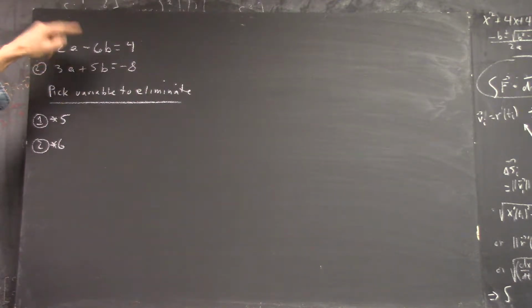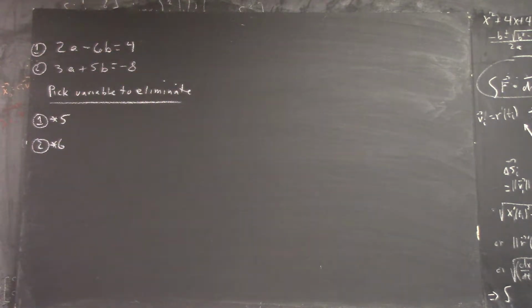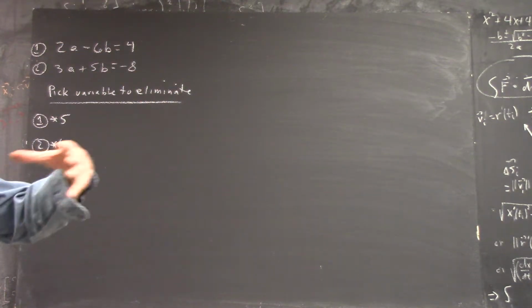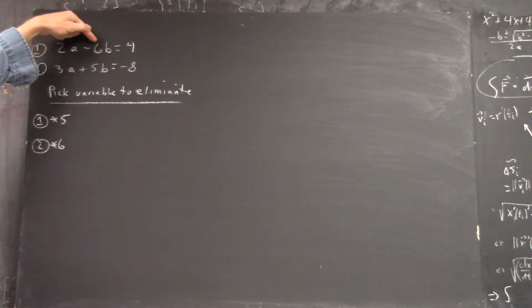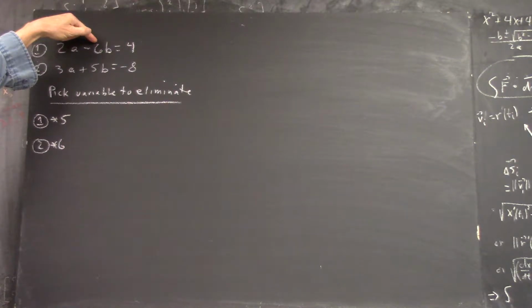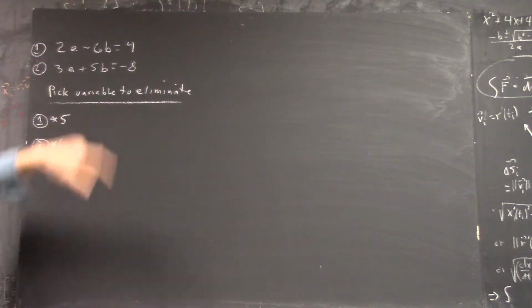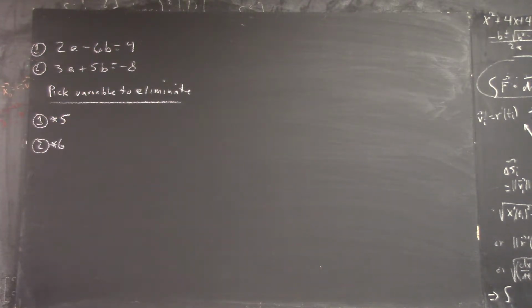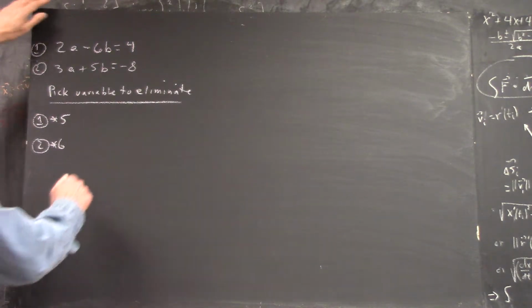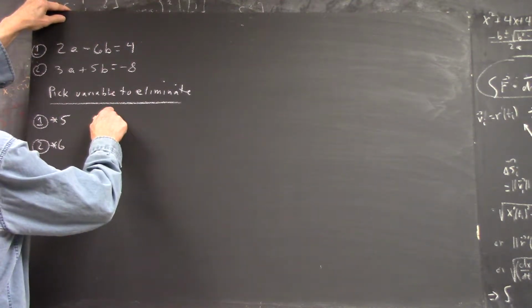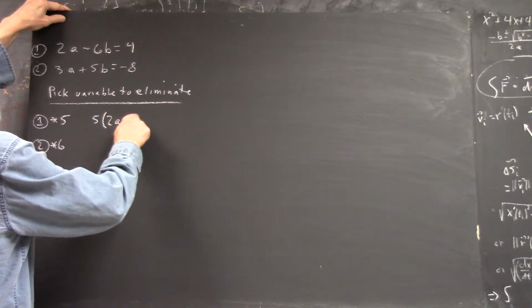No, if I multiply everything in this equation by 5, if I multiply both sides by 5, what am I going to end up with in front of B? Like, what's 5 times negative 6? It's negative 30, right? If I multiply the second equation by 6, what am I going to end up with in front of B? 30. Okay?